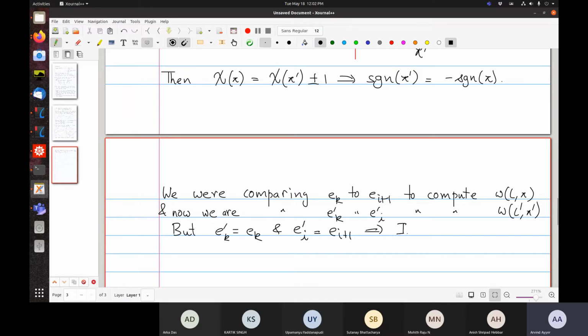So the inversion does not change. Maybe I'll write that later.